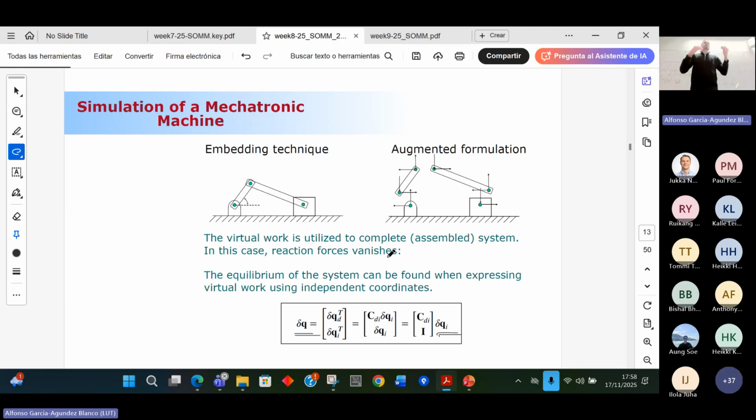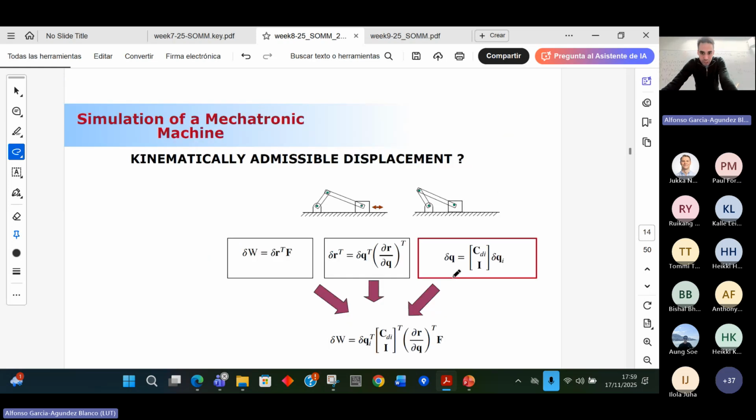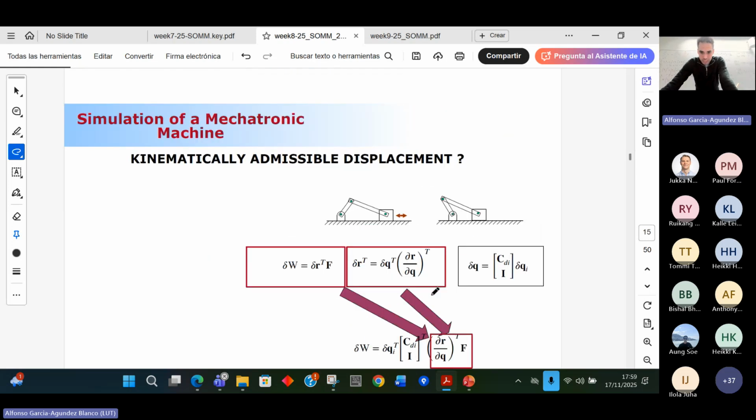So basically the idea is that I'm going to use a projection from the total number of coordinates to the independent coordinates. I'm going to translate from the language of total coordinates to the minimum language, using the minimum number of coordinates. But that will be the next day.